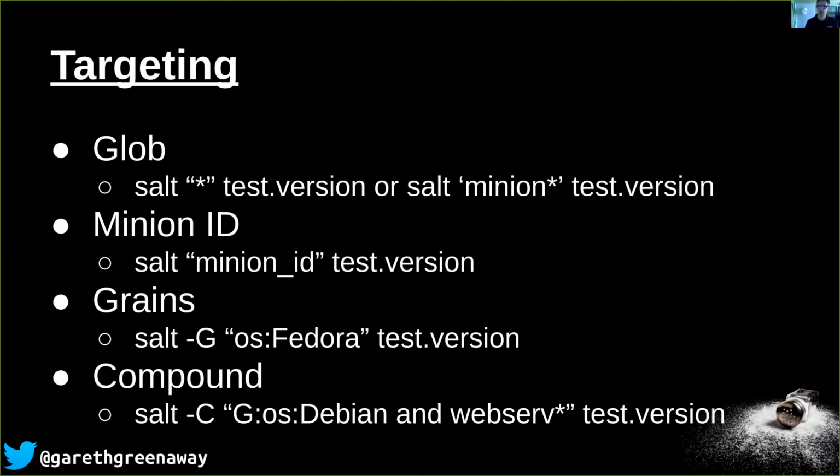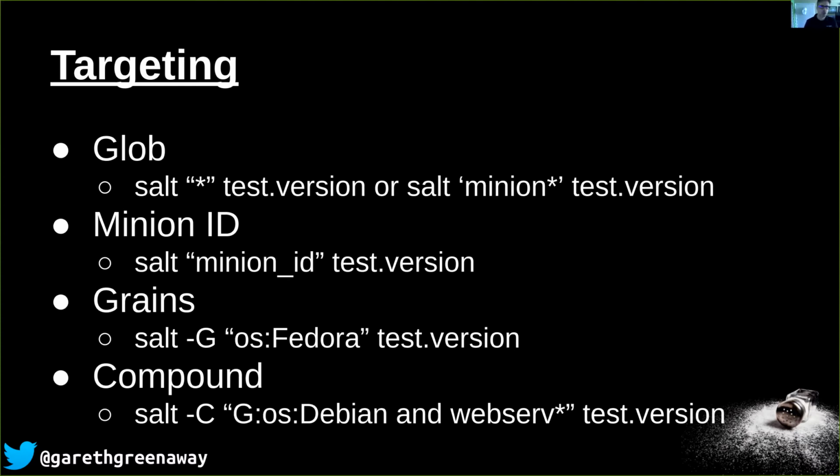Second, we're targeting any minion whose minion ID begins with the word minion, and any minion that matches will run test.version. And third, we're targeting a specific minion and only that minion. Minion IDs are unique across your Salt infrastructure.